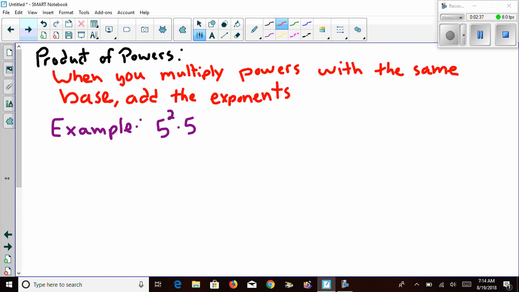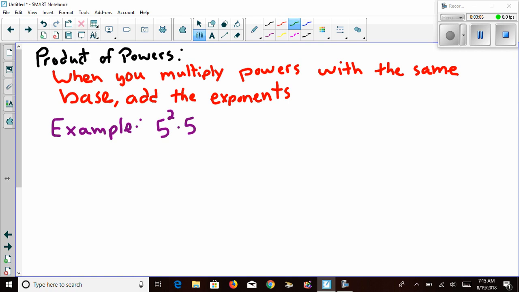Let's start off with the product of powers. When you multiply powers with the same base, all you need to do is add the exponents. So here's our first example of that. We have 5 squared times 5.